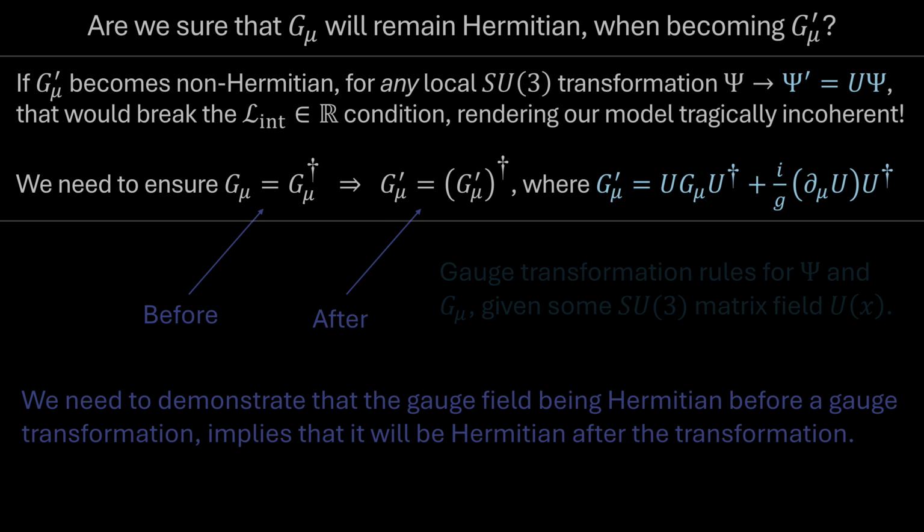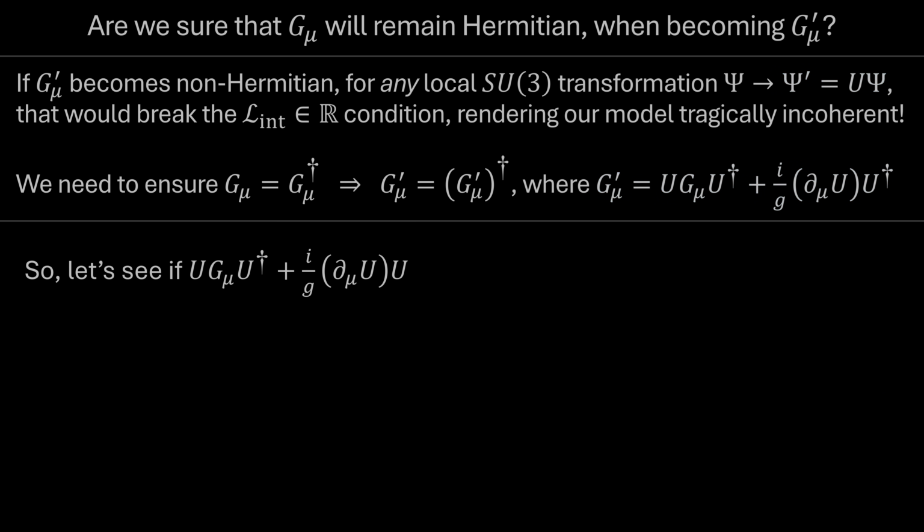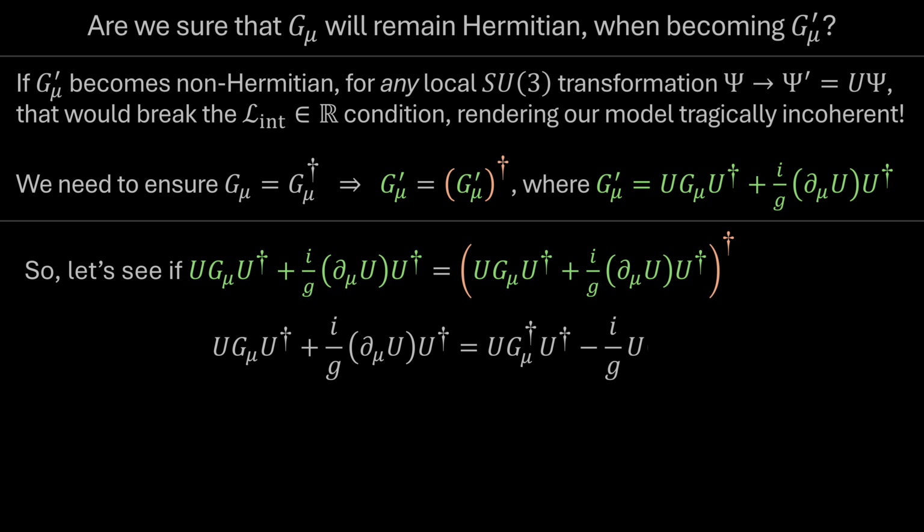And then to see if it's Hermitian or not, all we have to do is take the transpose conjugate of the gauge field in the new gauge, and see if the gauge field in the new gauge equals its own transpose conjugate. So if this equation is true, then yes, the components of the gauge field will remain Hermitian in every gauge. Okay, so all we have to do is evaluate the transpose conjugate of the right-hand side of this equation.